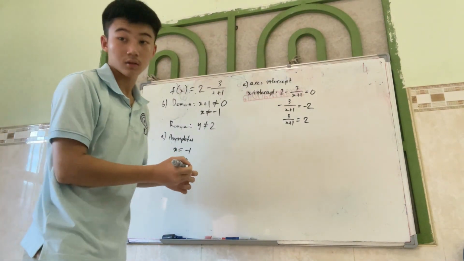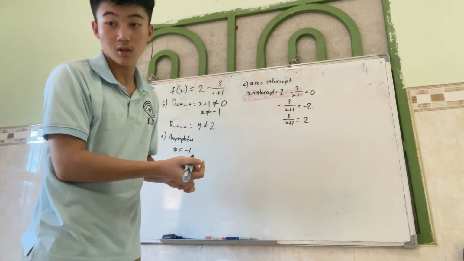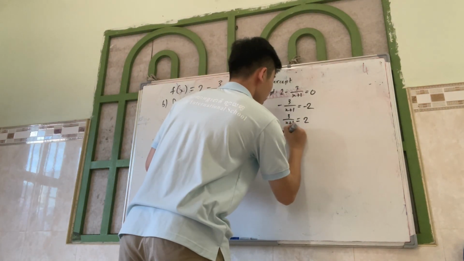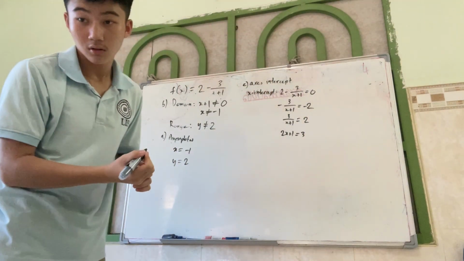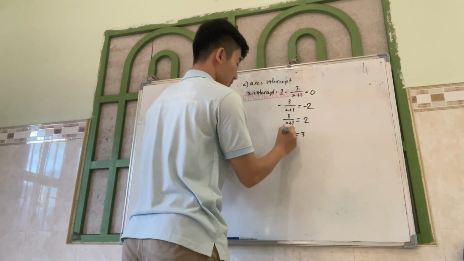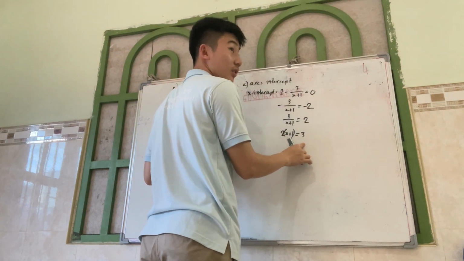Then we cross multiply, which will be 2 bracket x plus 1 equal to 3.